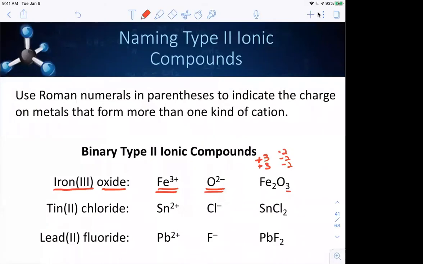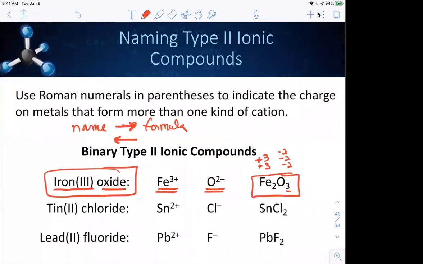I have to be able to go from name to formula and from formula to name. I have to be able to go both ways. If I give you this, you're going to come up with this. If I give you this, you're going to come up with this.